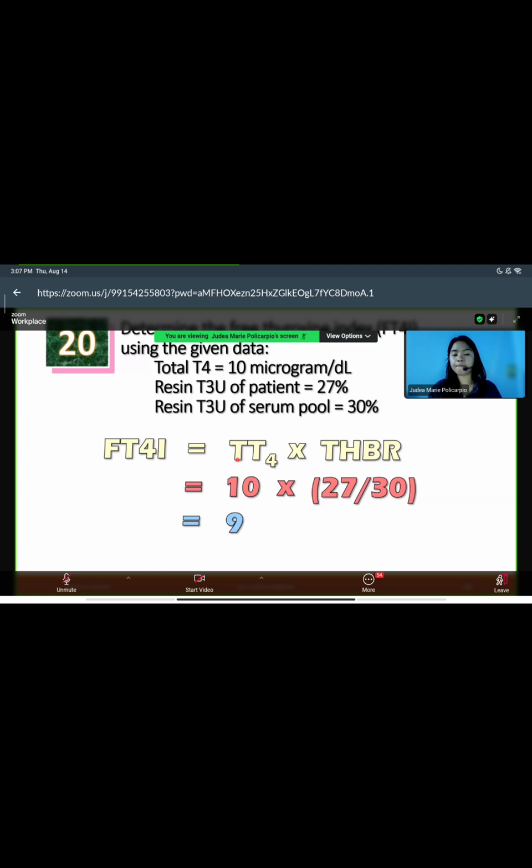T3 uptake ng pasyente over the T3 uptake of your control, that constitutes the thyroid hormone binding ratio. And i-multiply lang natin siya with the total T4 para makuha natin si free T4 index. Okay, so therefore, in this particular case, the free T4 index now would be equivalent to.